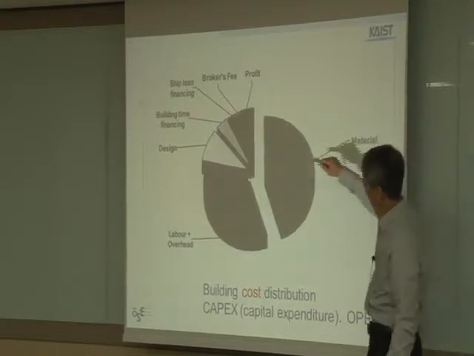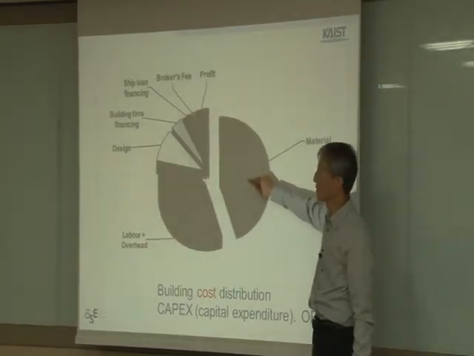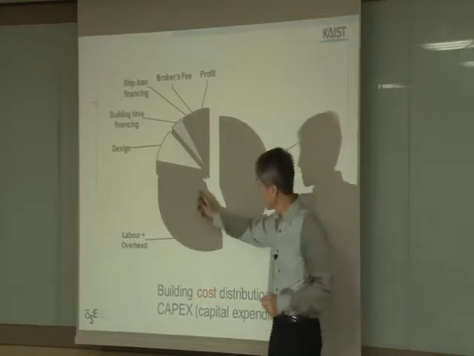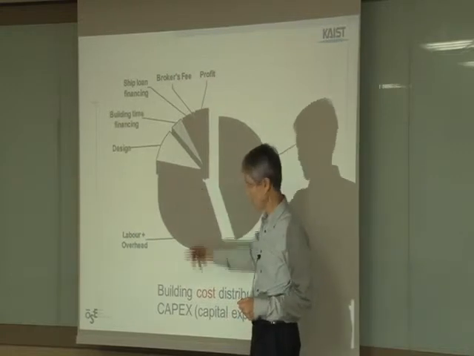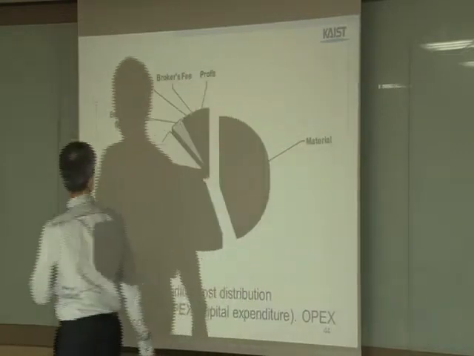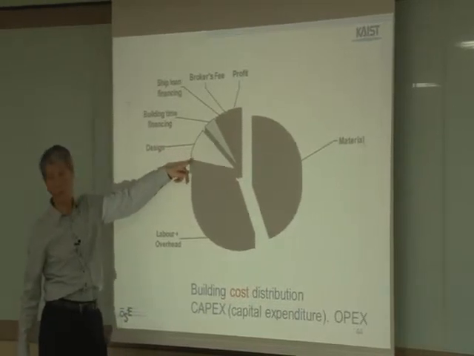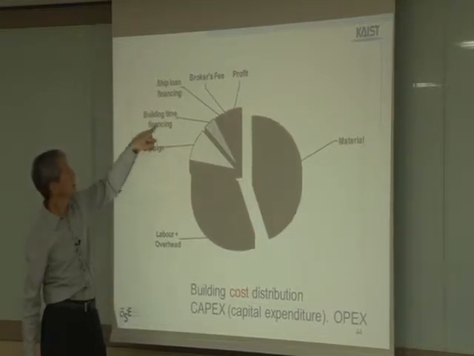So this is the basic ship itself, all the material cost to build the ship. And then all the salaries of the whole shipbuilding company. And then the design cost is separated out because sometimes it can be outsourced. Somebody else is making a design.